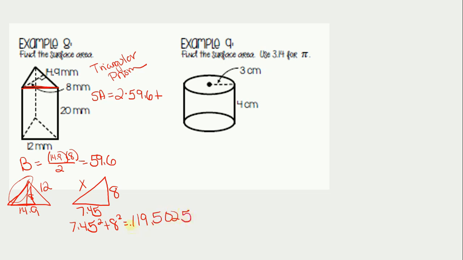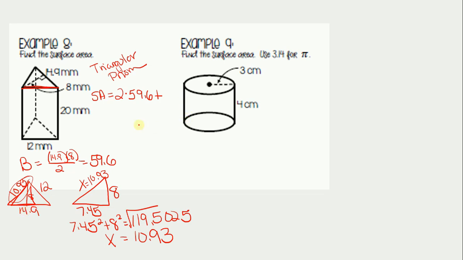119.5025. Square root that so I can actually find it. X equals 10.93, roughly. So X is 10.93. So my perimeter of my base, excuse me, is 10.93 plus 12 plus 14.9.